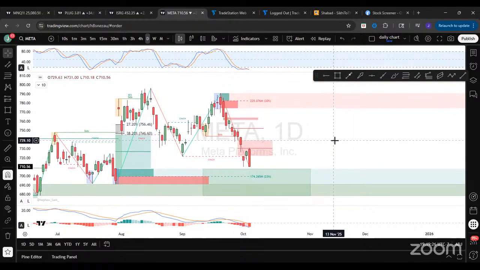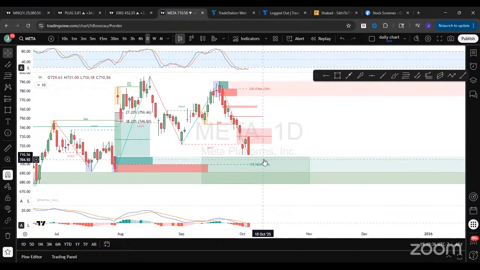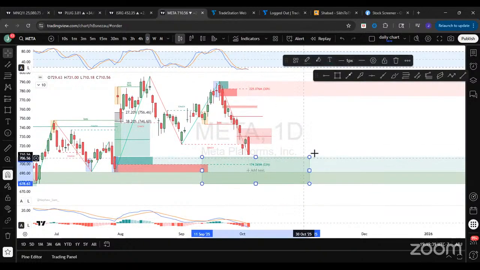Where will you be long from? So a candle needs to come somewhere here, above 700, close to 700. This bullish candle needs to close above the previous day high.